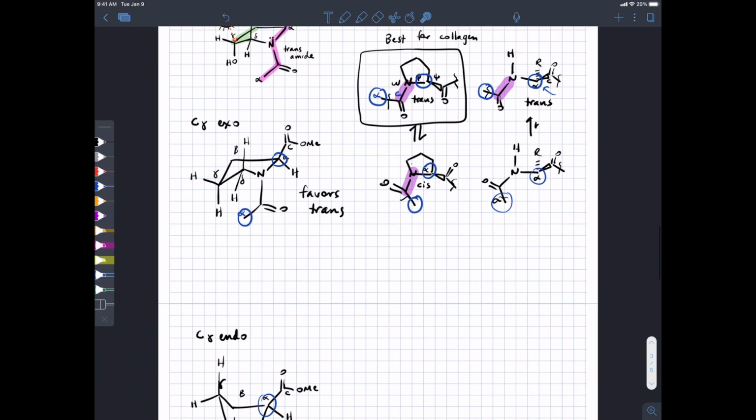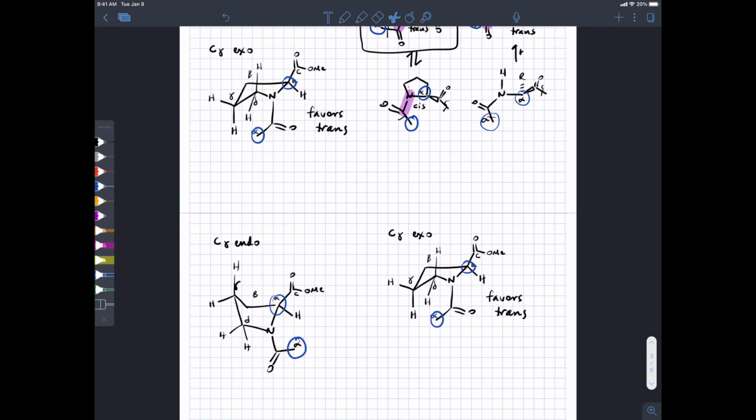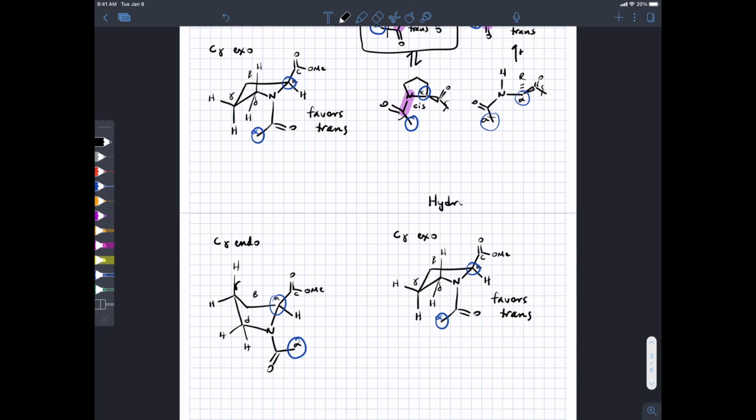If you look at hydroxyproline, what hydroxyproline does is it puts an OH group on the gamma carbon at a down position.